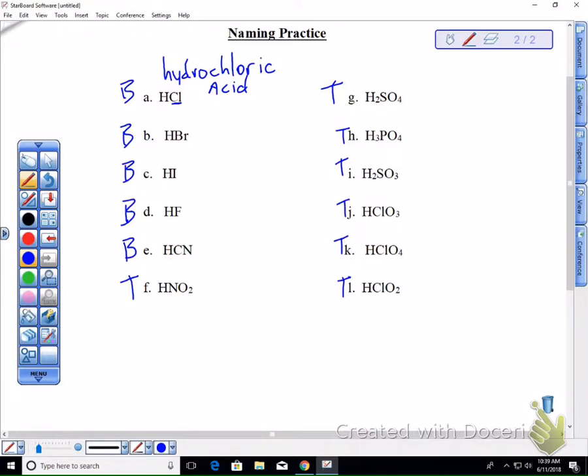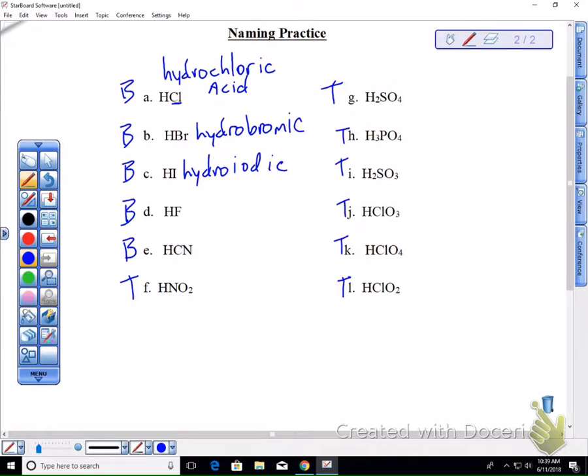Let's go through these a little quicker. Hydro, because it's binary. Bromine, so we'll use the root word brom, and then end it with the ic, hydrobromic acid. C is one of our favorites, hydro. Iodine, the root word is iod, and then we end it with ic, hydroiodic.